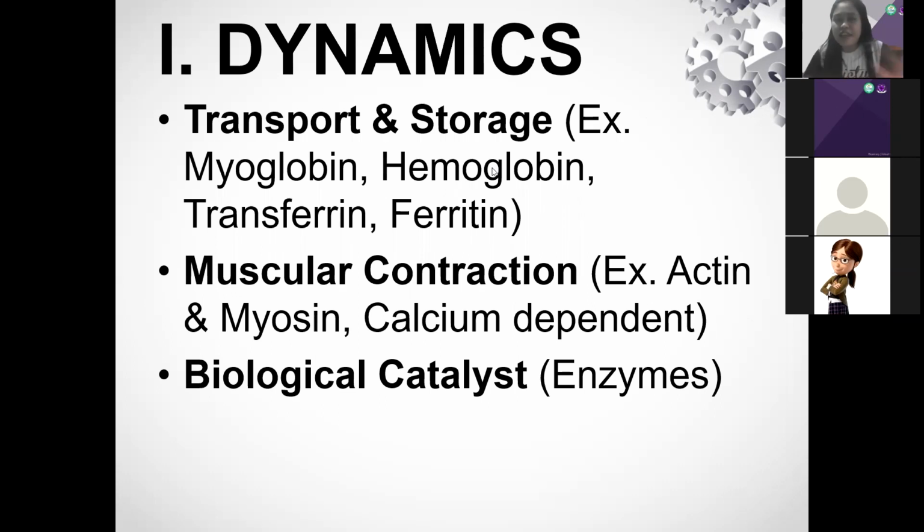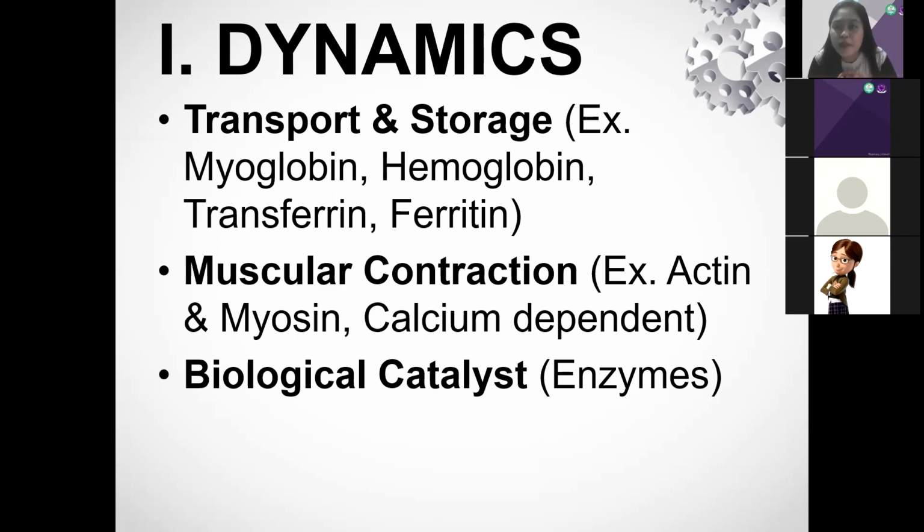Now, we have different types of proteins. Number one, the dynamics. Ito yung transport and the storage proteins, just like the myoglobin and the hemoglobin. Take note, myoglobin and hemoglobin are both transport protein. Okay, they carry oxygen, right? So that is the reason why they are called transport proteins.